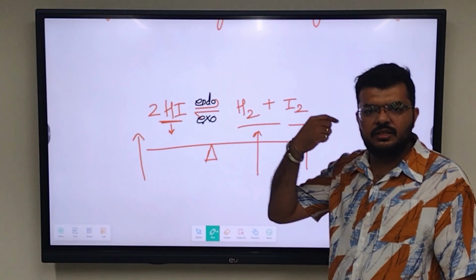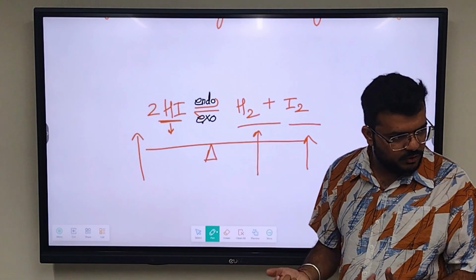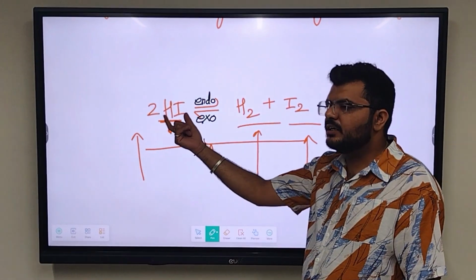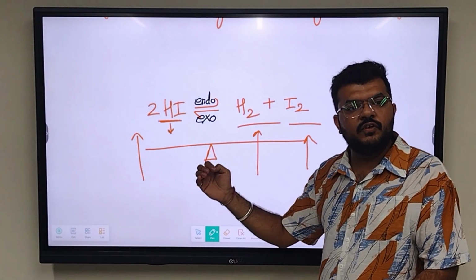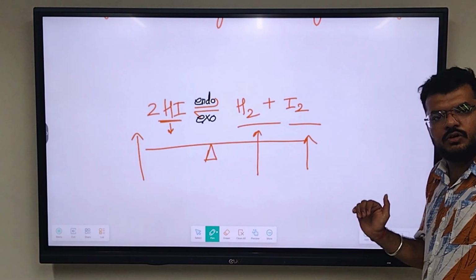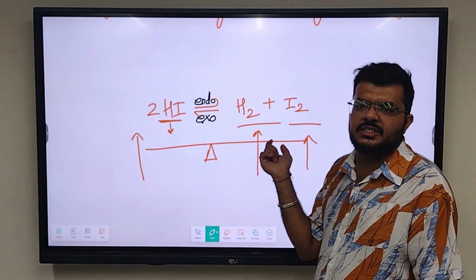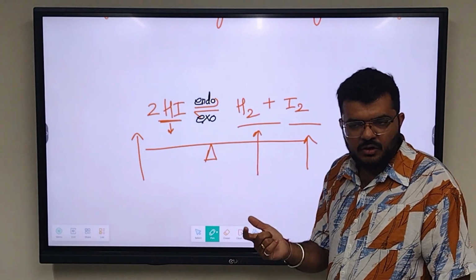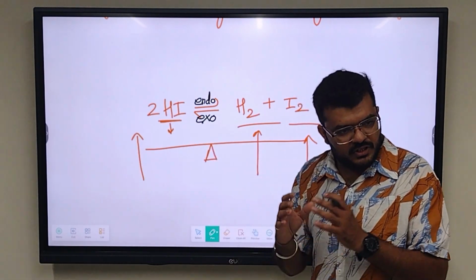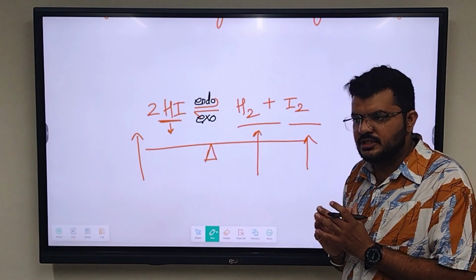So it is acting in the logical way we think it should. I increased the concentration of reactants, the equilibrium shifts towards right, such that the concentration of product starts increasing, or the concentration of reactant starts decreasing. Both of these statements are correct. Okay, what is the statement?